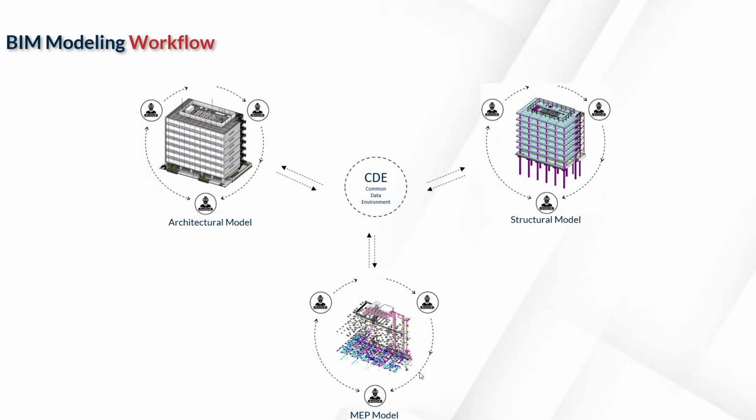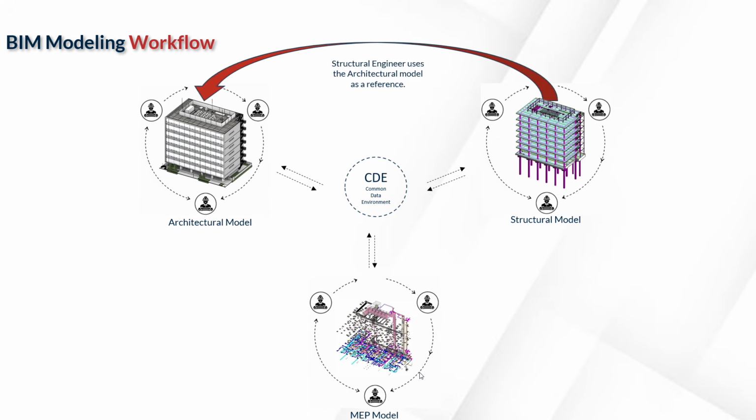Now, next, as each discipline develops its own detailed BIM model within the CDE or the Common Data Environment, something important starts to happen. They no longer work in isolation like in the traditional CAD workflow. The structural engineer begins by referencing the architectural model to design the building structures accurately.